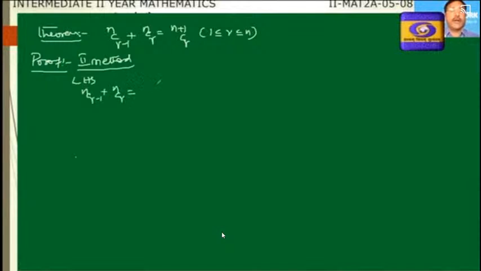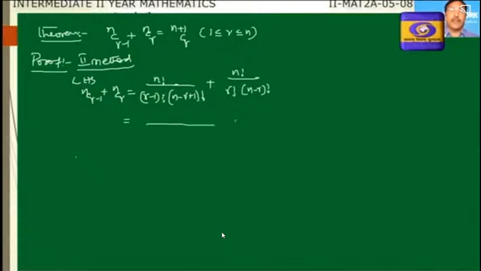Now according to the formula nCr, let us write the values of these two. nCr minus 1 means n factorial by r minus 1 factorial into n minus of r minus 1, that becomes n minus r plus 1 factorial, plus nCr means n factorial by r factorial into n minus r factorial.